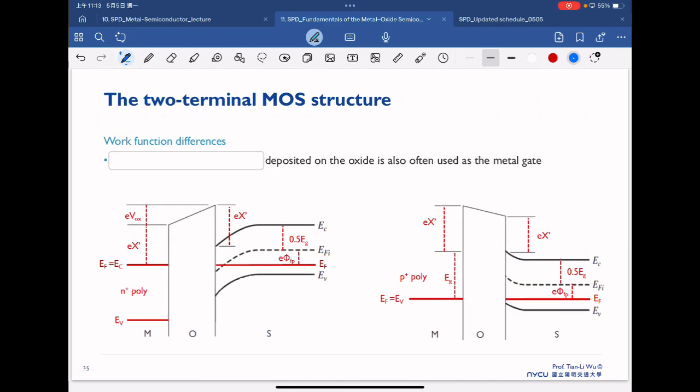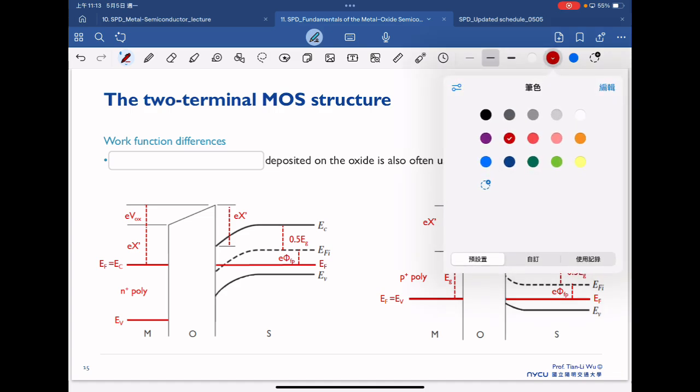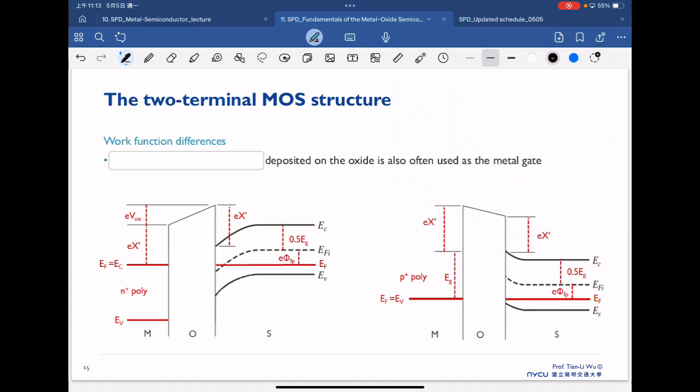Then we would like to discuss one particular case, which is the degenerately doped polysilicon. When we consider the MOS structure, there is a very crucial part related to the gate electrode.